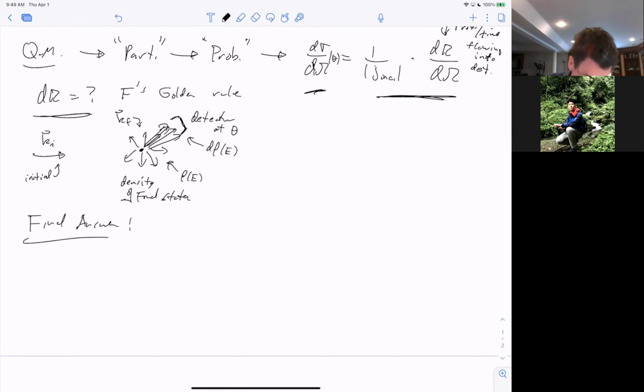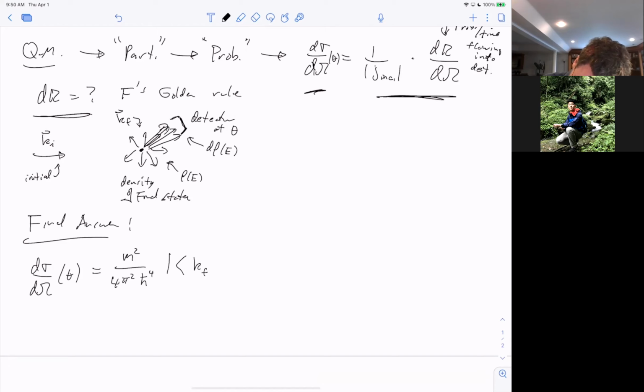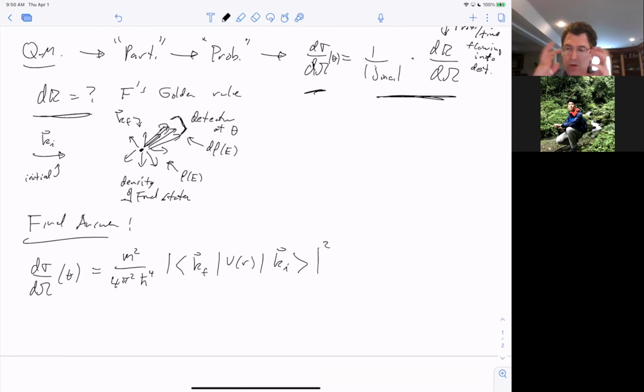which is this, that the differential cross section as a function of theta is equal to m squared over 4 pi squared h bar to the fourth, and then we have this matrix element of V of r, and this matrix element is connecting the initial and final states, and that makes sense because the potential is the perturbation.